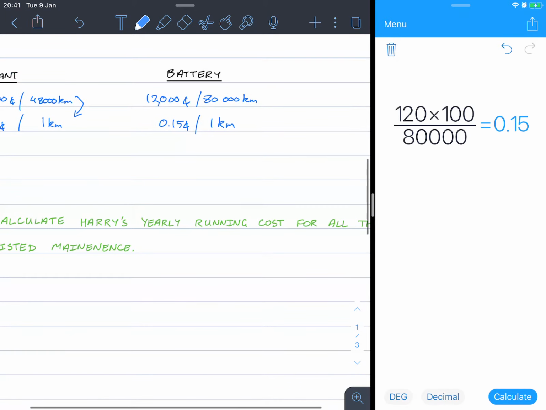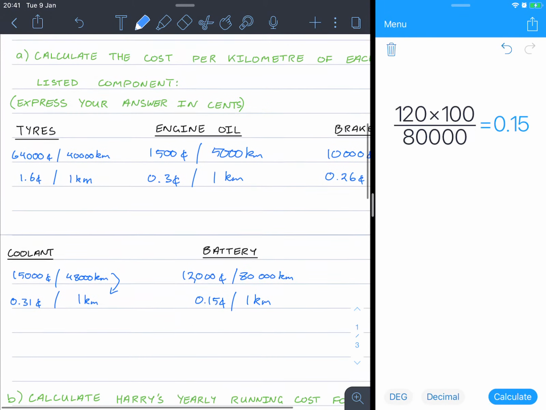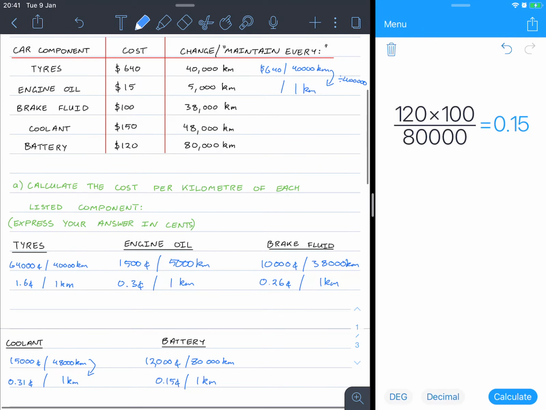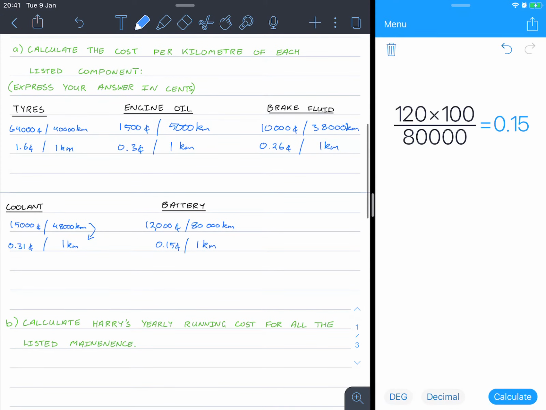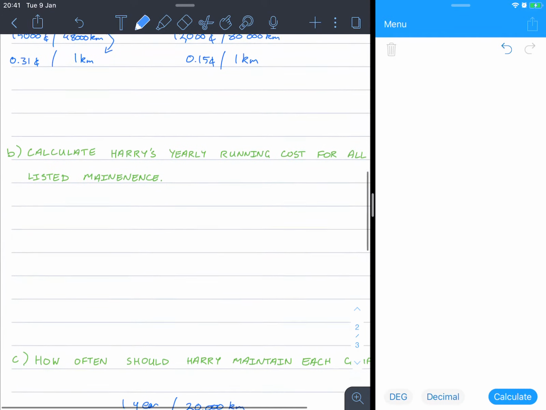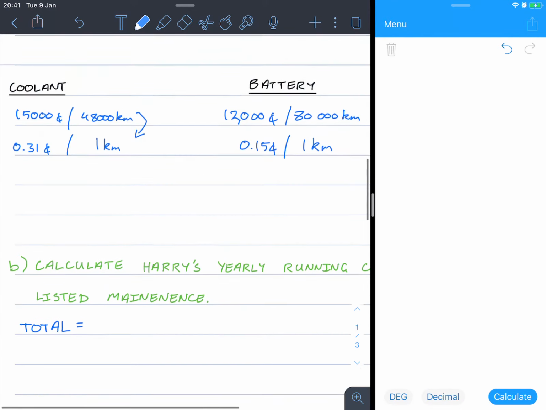So now let's calculate Harry's yearly running costs for all the listed maintenance. First, we need to figure out the total for all of these maintenance per kilometer. That's just merely finding the total of all the rates. So the total is equal to the sum of all of these.